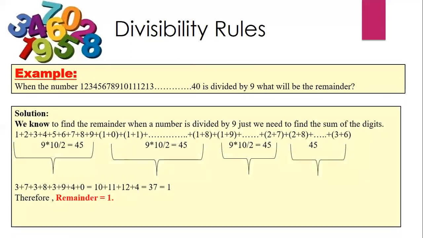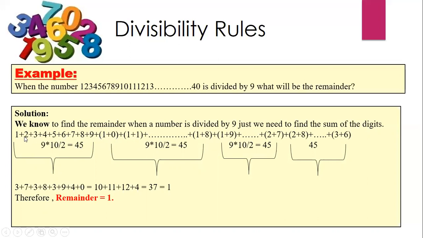We are going to use a simple logic: 1 plus 2 plus 3 plus 4 plus till 9. That is exactly divisible by 9, because the sum of 1 to 9 is 45. In the same way, 10 plus 11 plus 12: 10 is nothing but 1 plus 0, you get the same 1. 11 means 1 plus 1, 2.